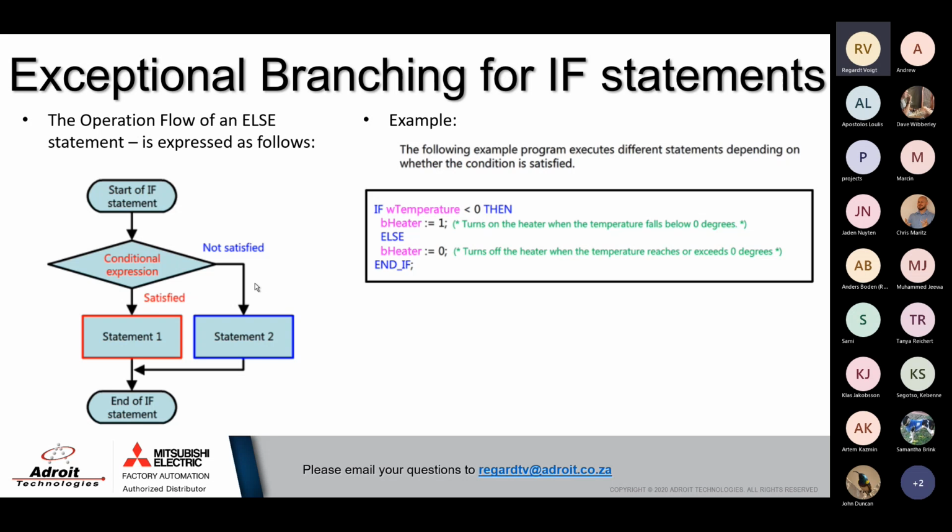So just so we can clear that, the program won't stop until either one of these are met. You can add multiple statements here, depending on how many else's you have, depending on how many states you have in your process.